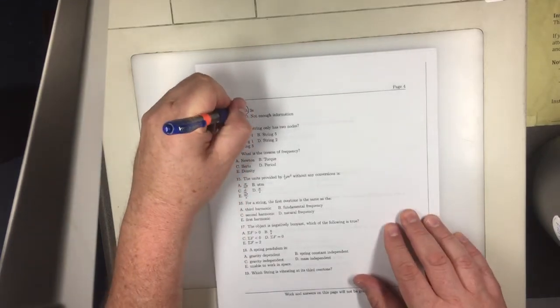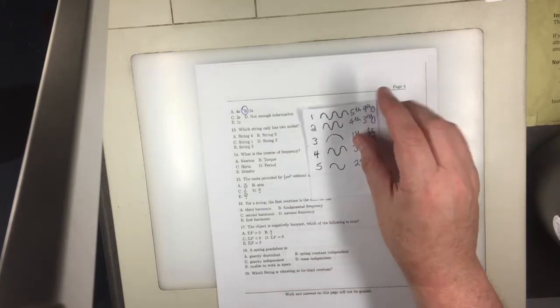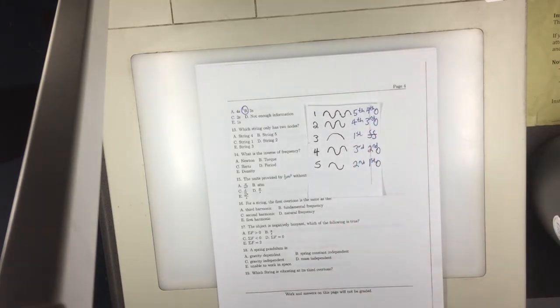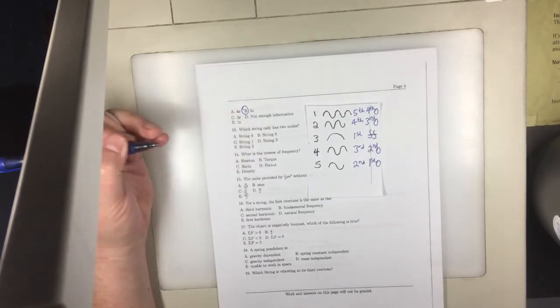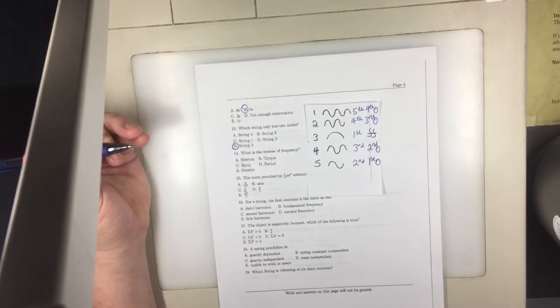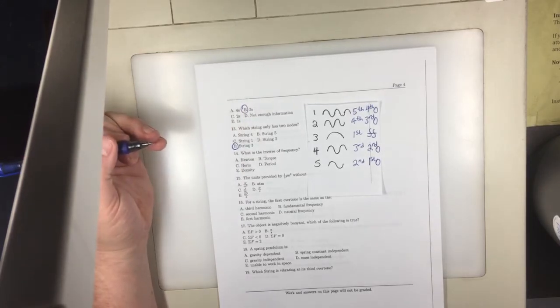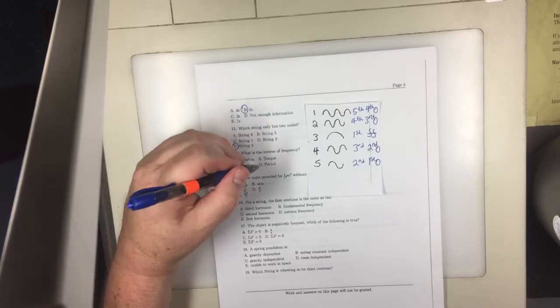B. Simple pendulums are not mass dependent. Which string only has 2 nodes? So it's E. What's the inverse of frequency? Period.